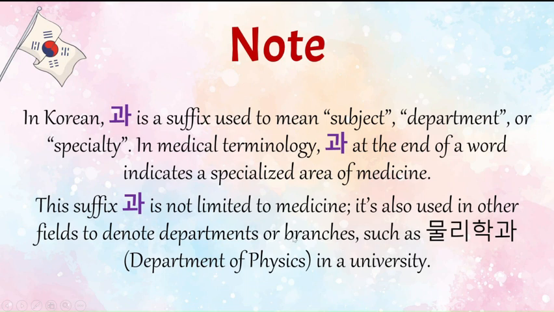Okay. So, right now let's focus on the usage of kwa in the field of medicine, and it denotes a specialized area of medicine. Okay, this much is clear. Now let's move ahead and learn the different branches of medicine in Korean language. What are they called in Korean?